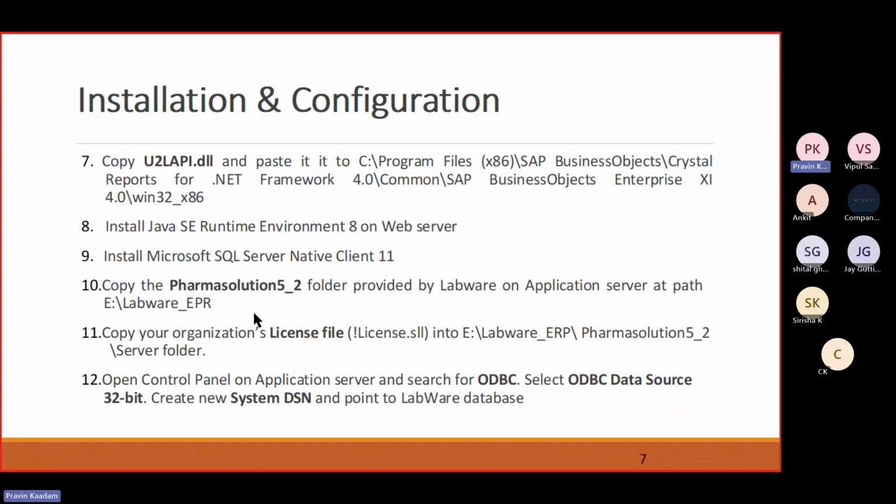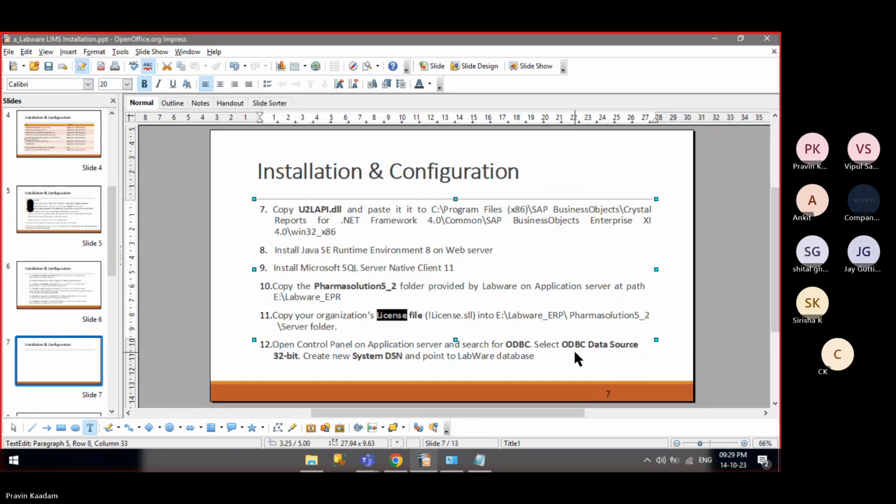Ensure that you copy this in the Pharma Solution folder, inside the server folder. Once this step is done, finally you need to create one ODBC. This ODBC is used to connect to the database. Your LIMS will be able to connect to the database using this ODBC.